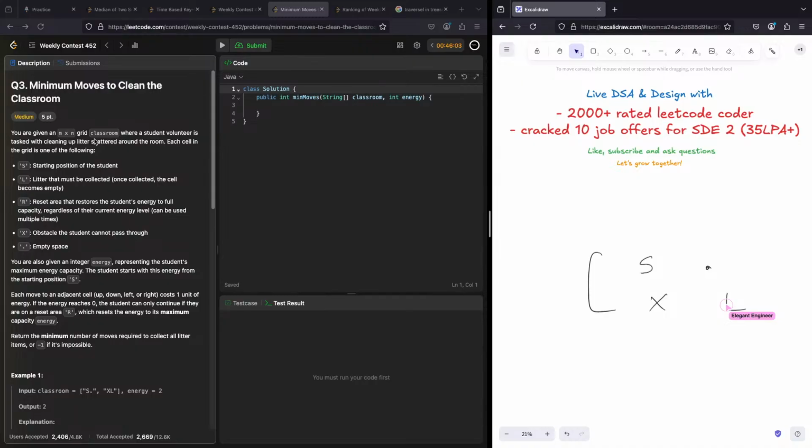Okay, R is like the reset. So you're also given an energy capacity that is 2. Let us start from here, go to this. Each move costs one unit, and if the energy reaches 0, seems like something to do with Dijkstra or something, I think. It seems like a very good question.